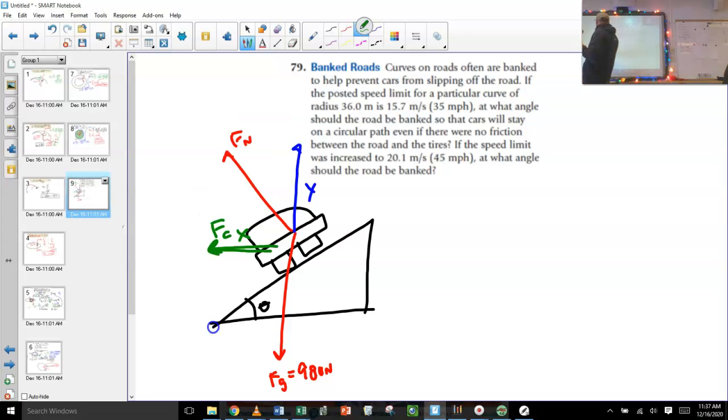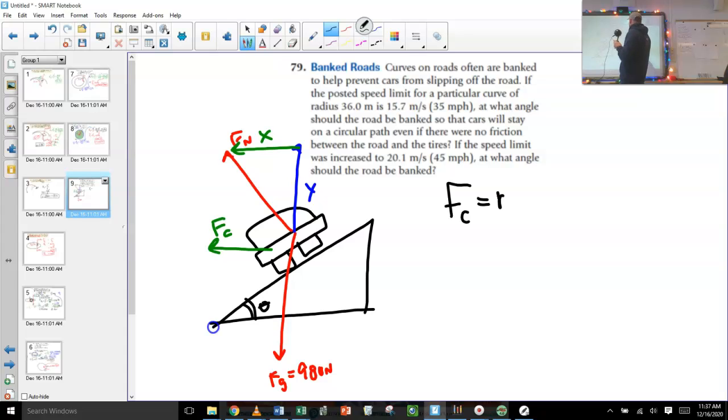So, the question wants to know, what angle do we need? Because this angle right here is definitely going to affect how big that is, and we need that to be a certain size. So let's work our way backwards to figure out our angle. The centripetal force, the force needed to turn me, is my mass times my velocity squared over my radius.